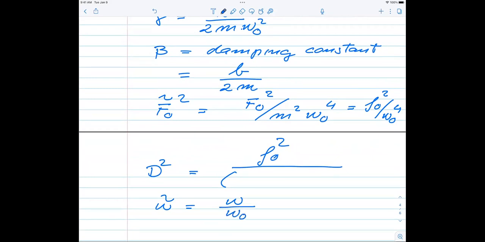So when I plug in this expression for F0 tilde, I can rewrite everything in terms of omega squared minus omega 0 squared, squared again, plus 4 times this parameter beta multiplied with omega squared here.